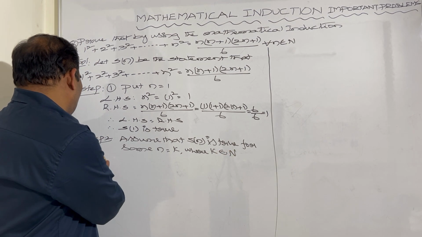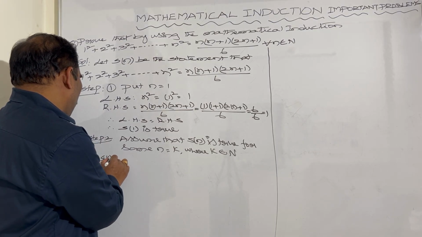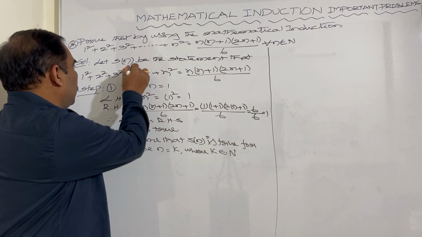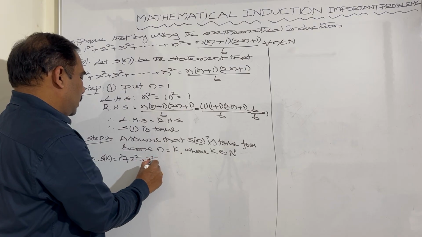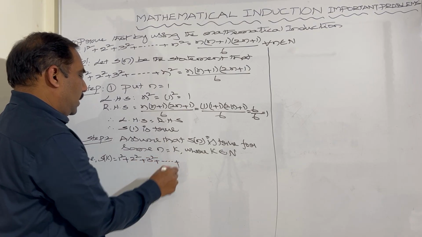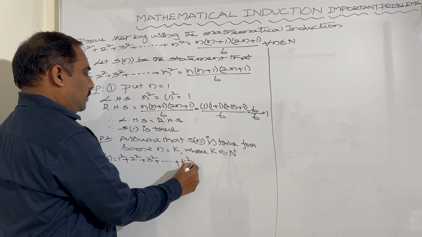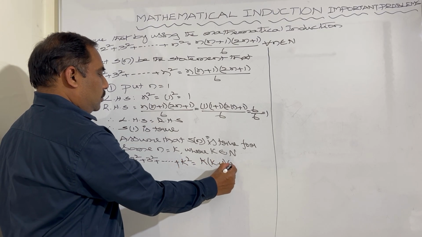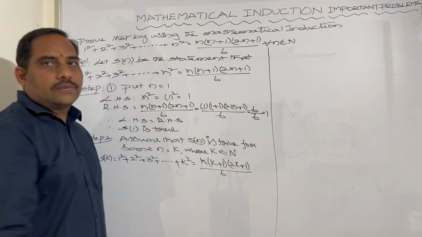That is, S of k is 1 square plus 2 square plus 3 square plus and so on plus k square, which is equal to k into k plus 1 into 2k plus 1 whole divided by 6. In the given statement, you replace n by k.